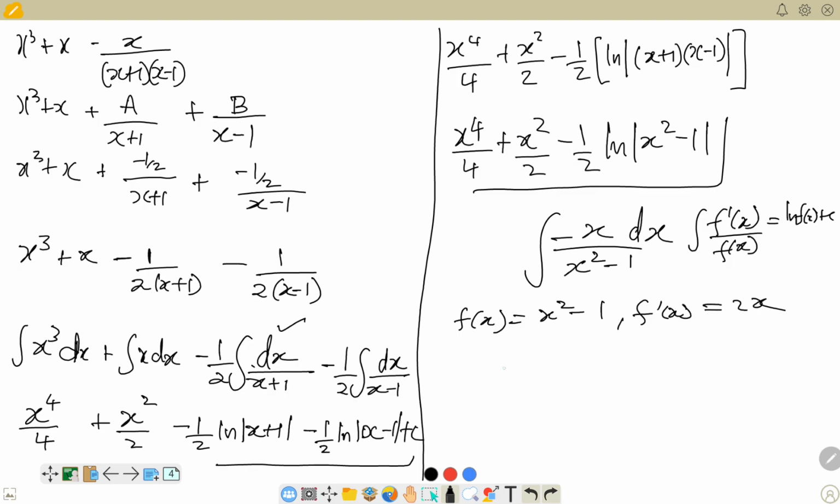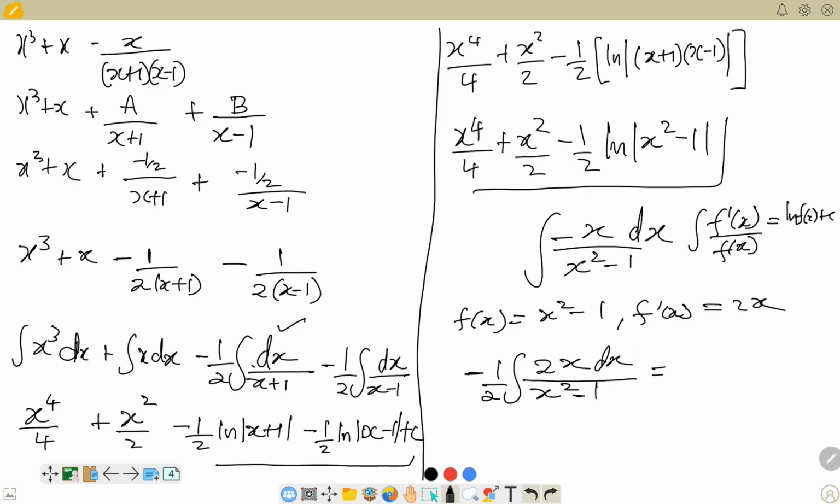So we can take the negative outside the integral and compensate with the 2, because the 2 is not there. So we can compensate by putting the 2. Then because we compensated with the 2, we can also divide outside the integral by 2 dx.